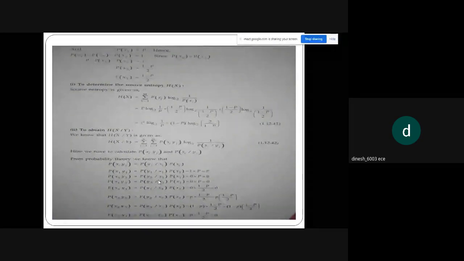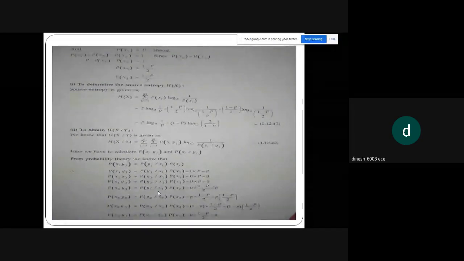So similarly, find it for x1 y1, x2 y2, x1 y3, x2 y1, x2 y2, x2 y3, x3 y1. Simplify the terms by substituting equivalent values. P of y1 over x1 is there as 1 into P of x1 is P. We get P. P of y2 over x1 into P of x1 is 0 into P is equal to 0. And similarly, you have 0 into P is equal to 0.